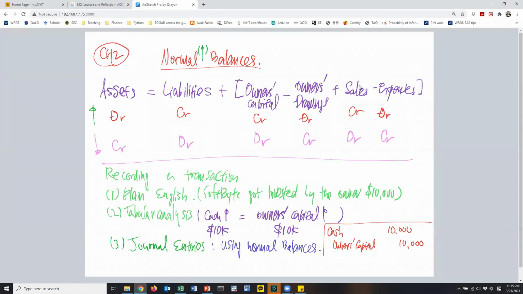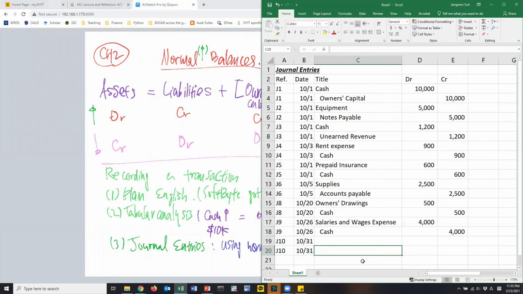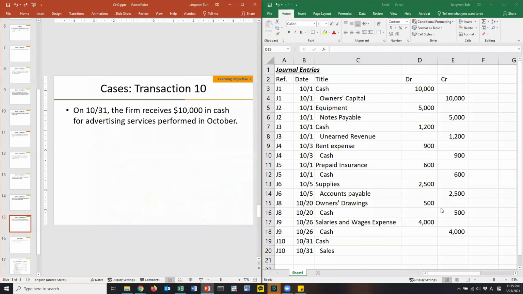Where should it be? Sales or revenue increase should be credited. Sales. Because we received cash, asset, cash increase should be debited. How much is the balance? 10,000 and 10,000. Okay. All right.